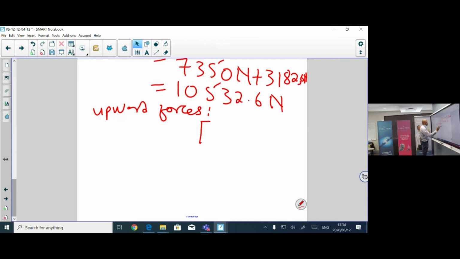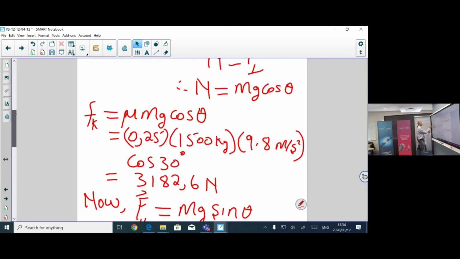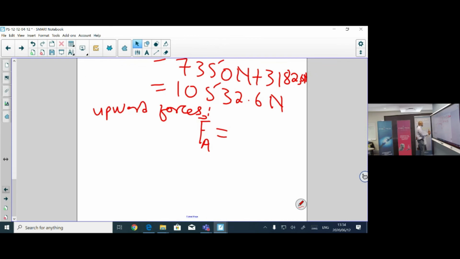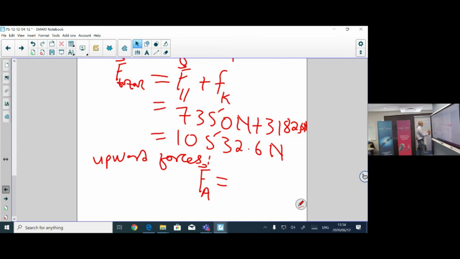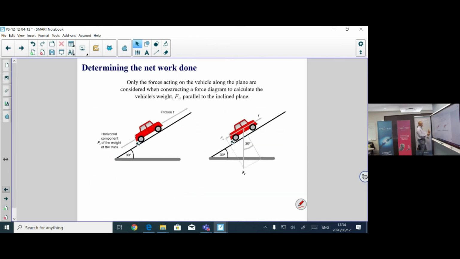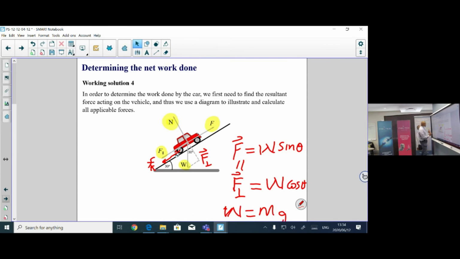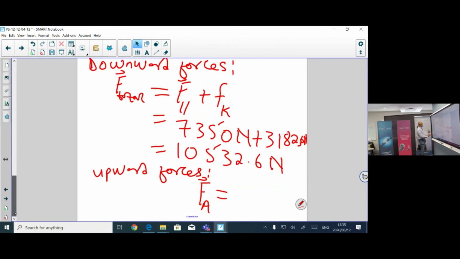We have only this applied one, which is 35,000 Newtons.